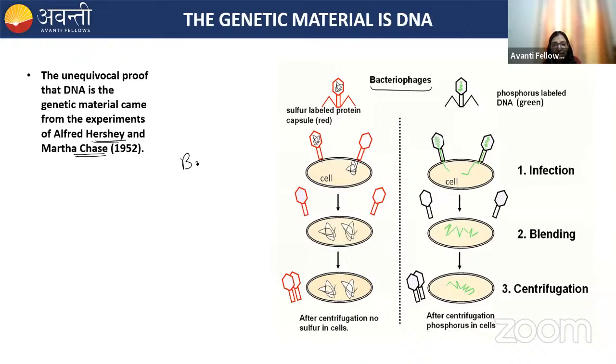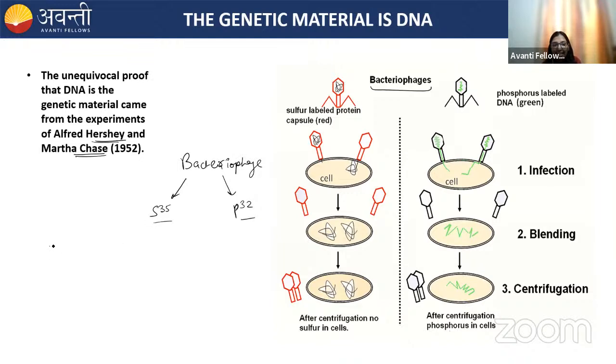So they grew these bacteriophages under two media. One medium contained S35, radioactively labeled sulfur. Another medium contained P32, which is radioactively labeled phosphorus.